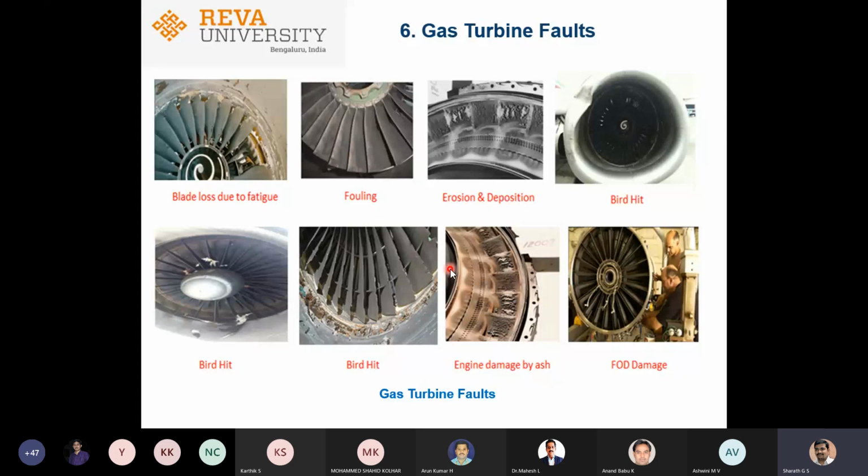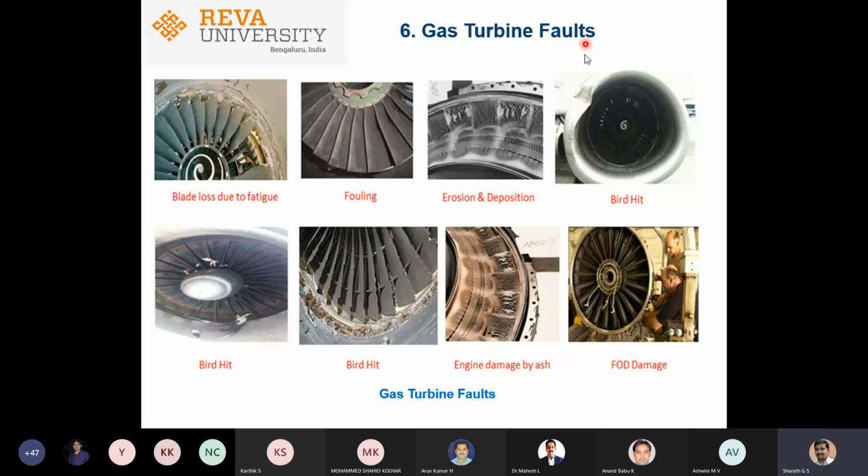And if you see over here, as I said, this is falling. There's a lot of carbon deposition. If you see here, it's falling here. There's a lot of carbon deposition here, erosion, as well as deposition, bird hit, tremendous impact on the starboard side of the engine.